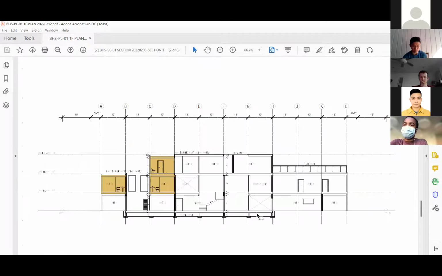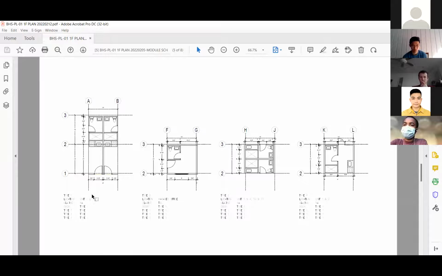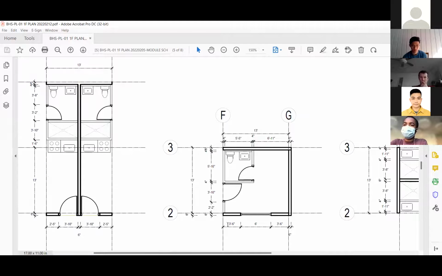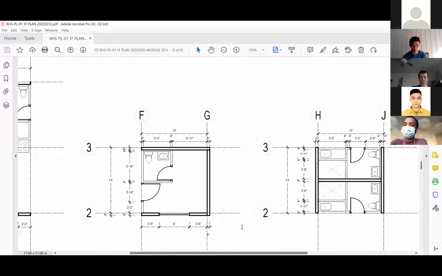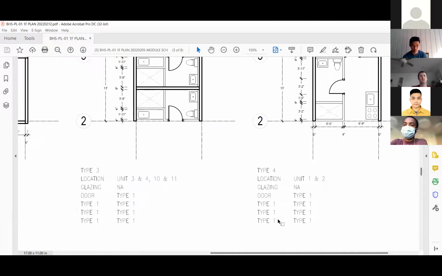And there's also a more detailed layout of how each module is formulated.